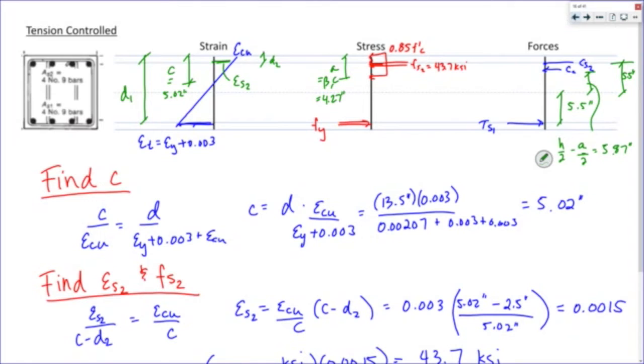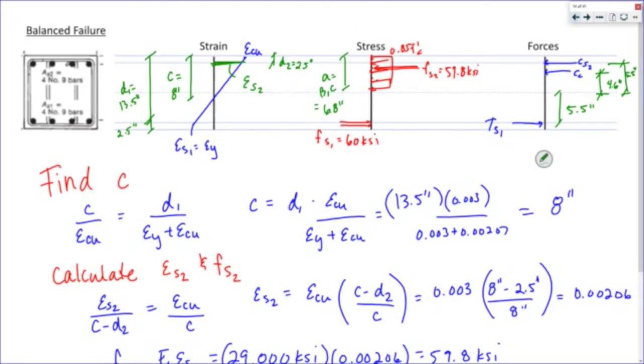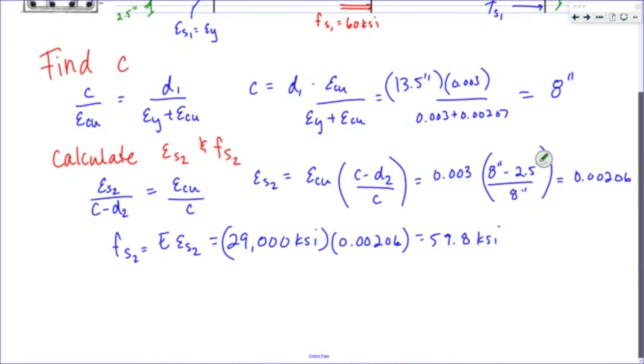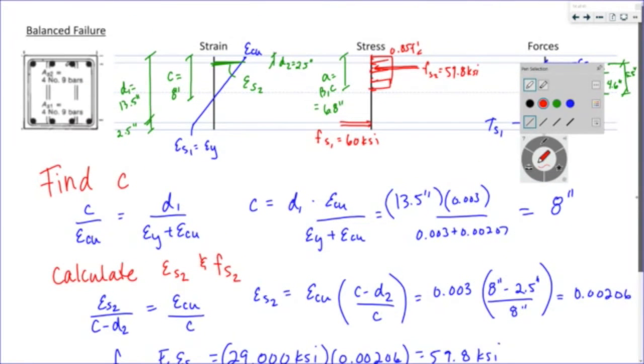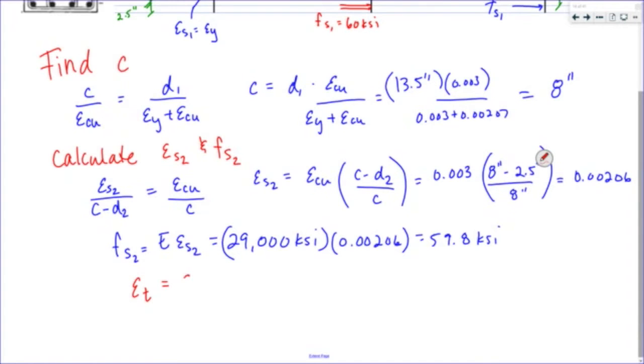Let's see. Next one is balanced. So let's see. What's my strain in my extreme tensile fibers? It's epsilon y. Now, if there were several layers of reinforcement, then epsilon T would not be equal to epsilon y. It might be a little bit more.